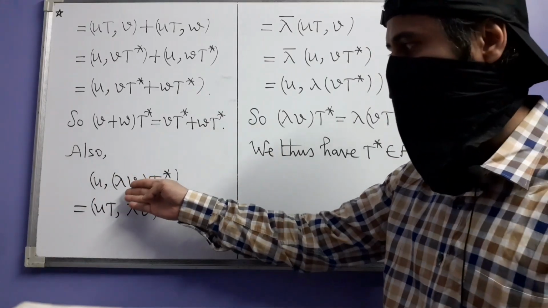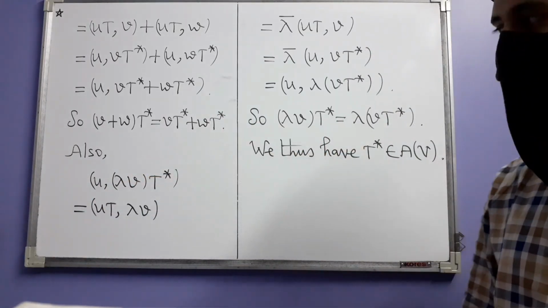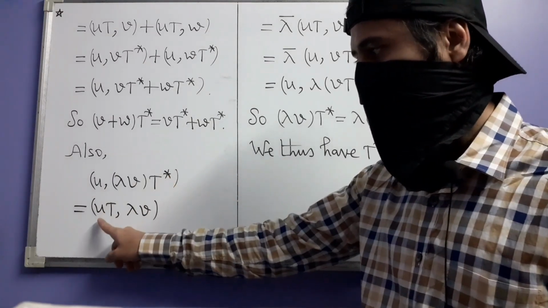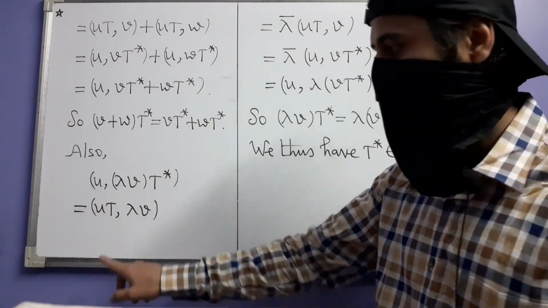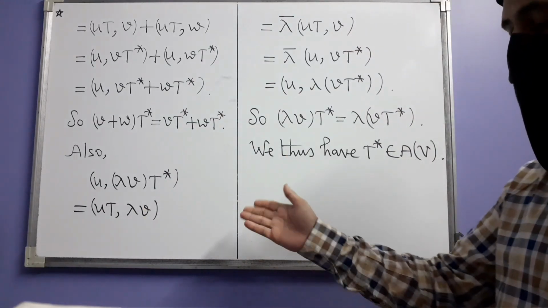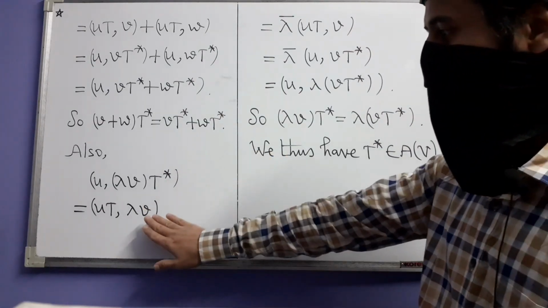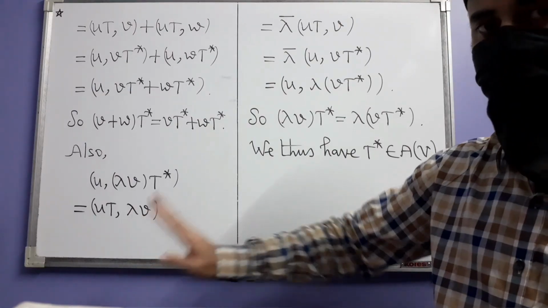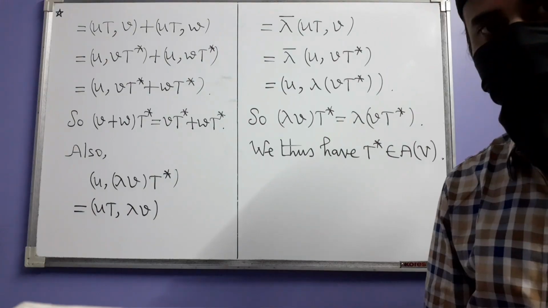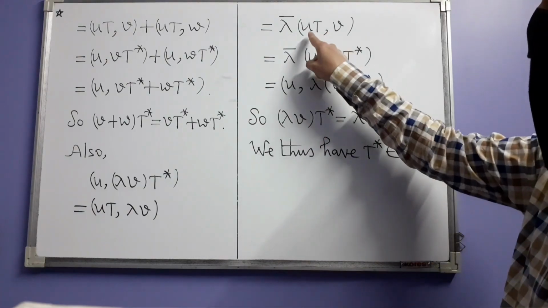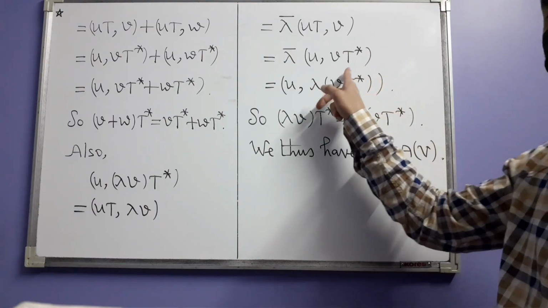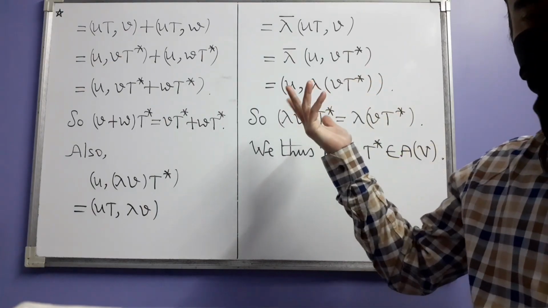First u comes followed by that one, and then again, as usual, we transfer this T star to the first component, it becomes T. So that way we get the inner product of ut and lambda V. And then lambda will come out, but because it comes out of the second component, it is its complex conjugate that comes out: lambda bar times ut comma V. And then again you transfer this T over to the second component, it becomes T star again.